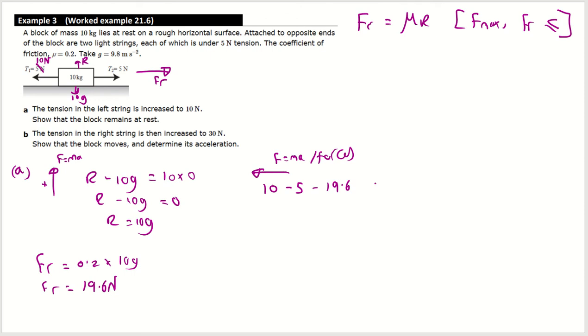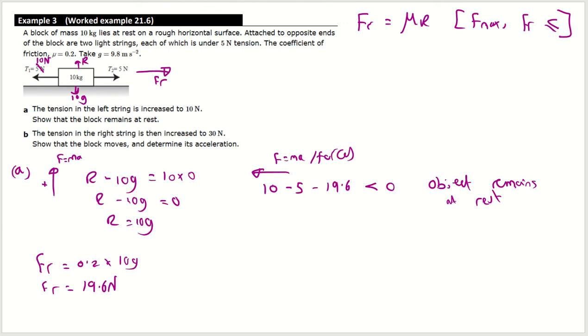So this means that because this is less than 0, I won't even do the full F equals ma, the object is going to remain at rest. If it was already in motion, this would be slightly different, so we would calculate the F equals ma and it would be slowing it down. But because it starts at rest, this force here isn't actually going to be able to move it the other way. It's only a stopping force, but if it's stopped already, then it can't do much else other than stop it moving.